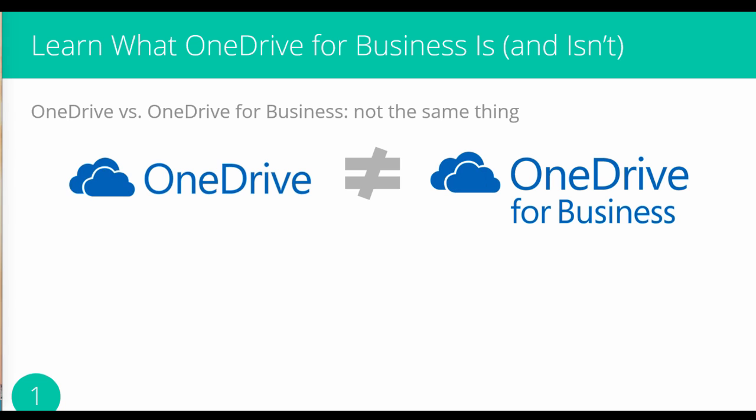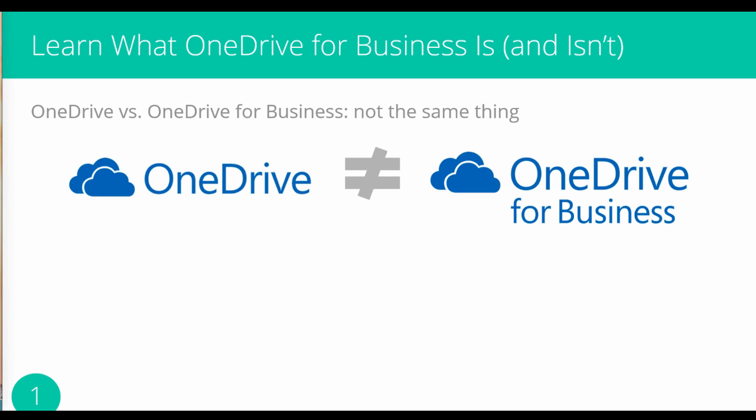All they really have in common is that they're cloud storage services from Microsoft. OneDrive without that for business tag on it is simply personal storage that's associated with your personal free Microsoft account that literally anyone can get. Anyone can use it, and you get at least 15 gigs.